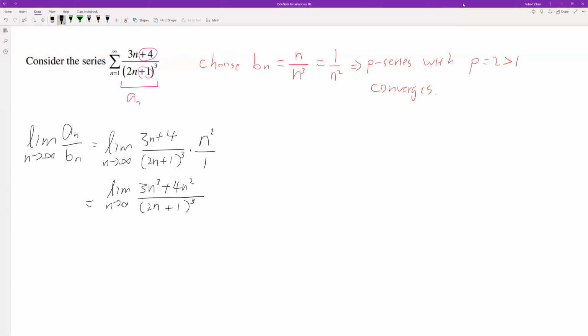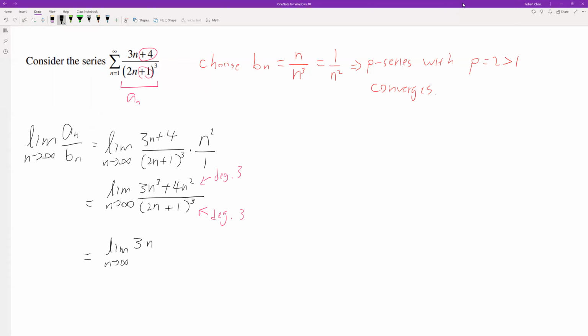So notice that this is a degree 3 polynomial, and the denominator is also a degree 3 polynomial. And from Calc 1, we know that if you're taking the limit to infinity and you have the same degree in both the numerator and denominator, then the limit is just the ratio of the leading coefficients.